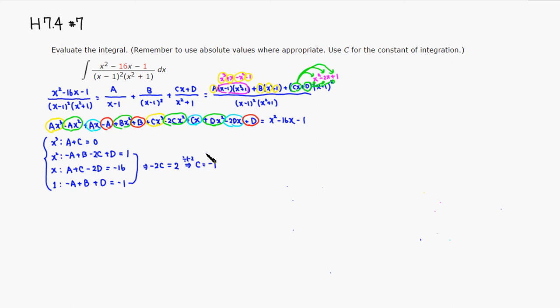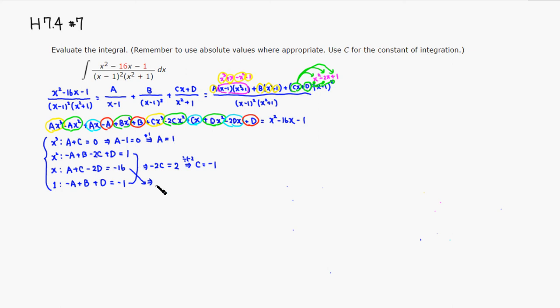Once you know that, we can plug it in here. So it's a plus negative 1, so a minus 1 equals c. So by adding 1, we have a equals 1. Once you know the a and c values, we can plug those in to find out.